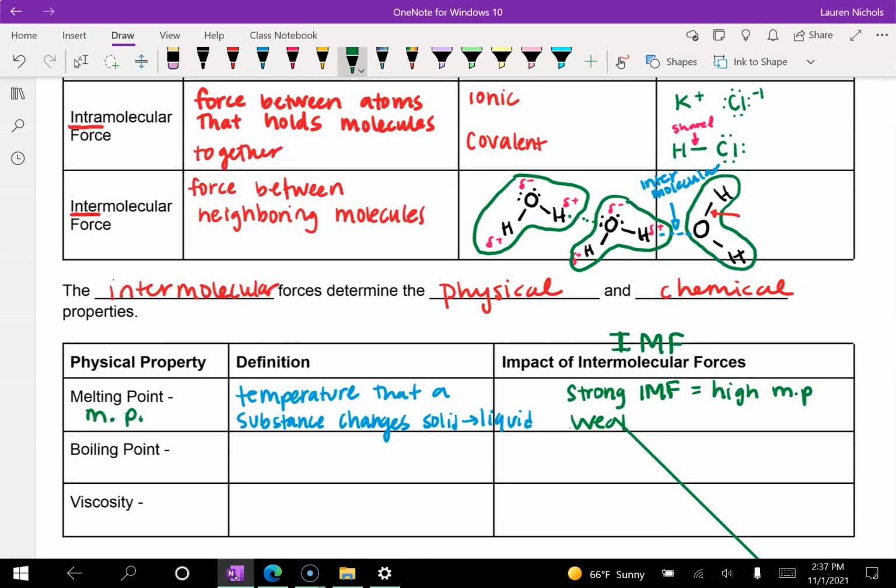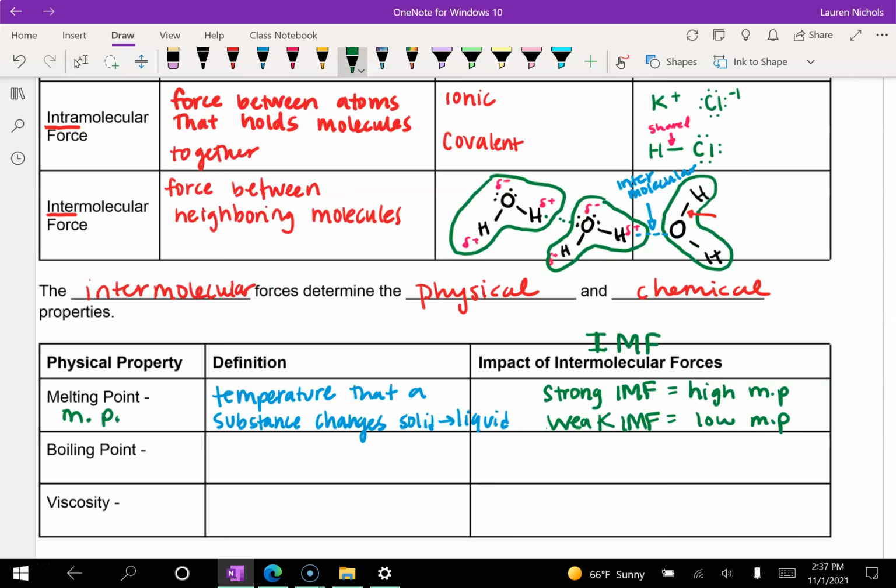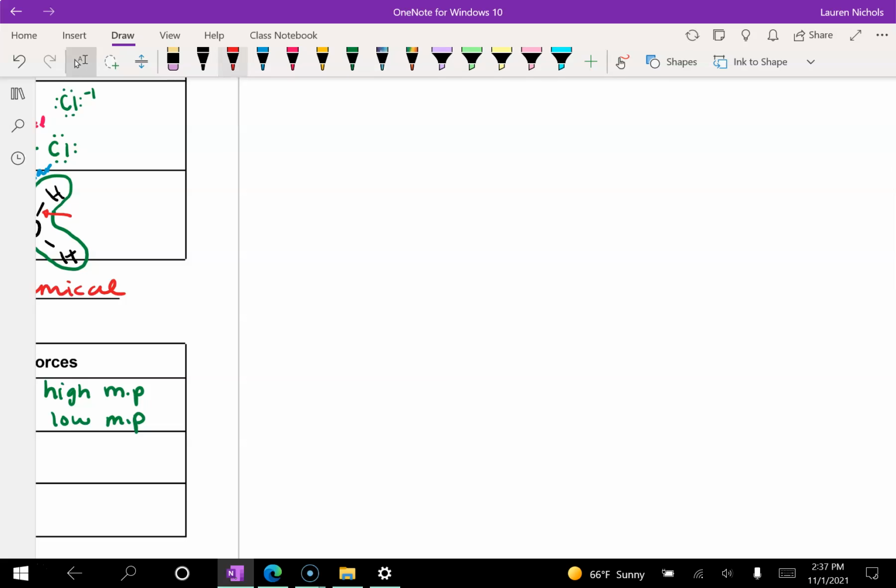Okay, sorry about that. If you have a weak intermolecular force, or IMF, that means you'll have a low melting point, because keep in mind what melting is. If I have those water molecules again as a solid, then they are very compact.